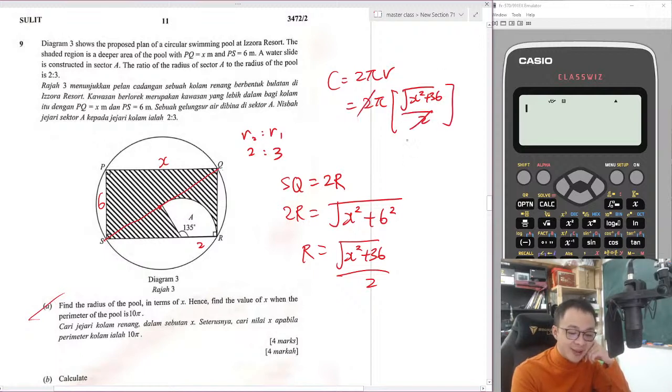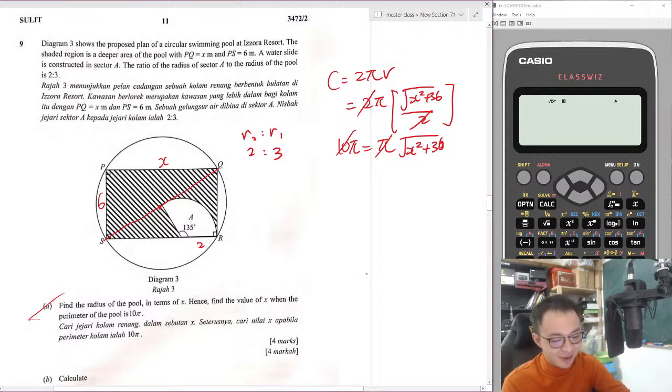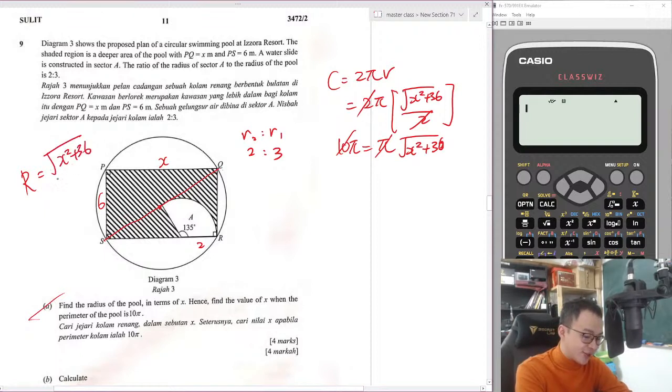So 2 pi, and my r is the square root of x squared plus 36 over 2.